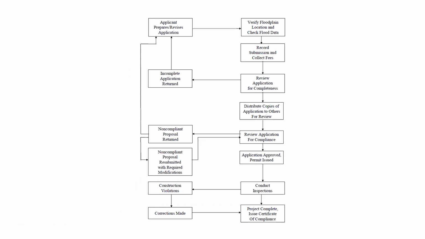So the first thing we're doing is verifying the location, the flood zone map, all of that, the fee, and then reviewing the application for completeness, making sure you have everything and or correcting those deficiencies, and then giving it out to the other departments, having them review it, and then you either approve or deny the permit, have them withdraw it or fix it, and then you're conducting inspections, fixing any violations, and then at the very end of that process, issuing the certificate of compliance or certificate of occupancy.